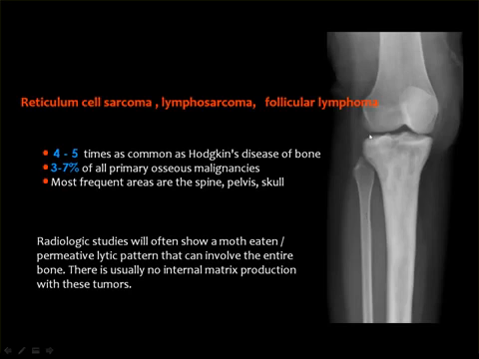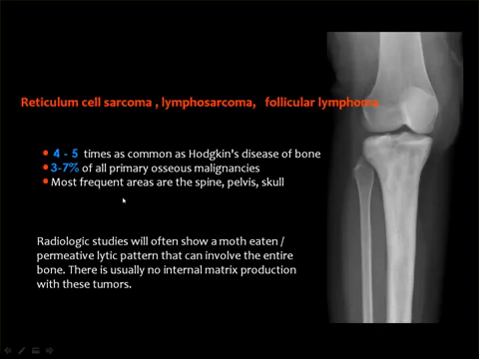Then in a patient like this one, if you see that the epiphysis is not yet fused, the best diagnosis will be Ewing sarcoma. But after epiphyseal closure, still Ewing sarcoma is one of the differentiating points, but here also comes the bone lymphoma.